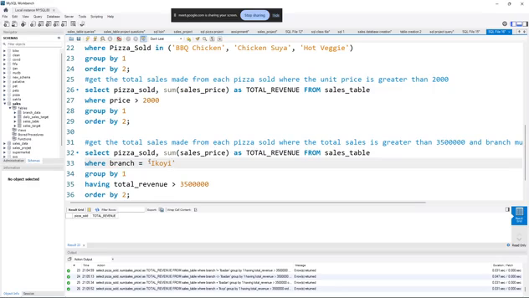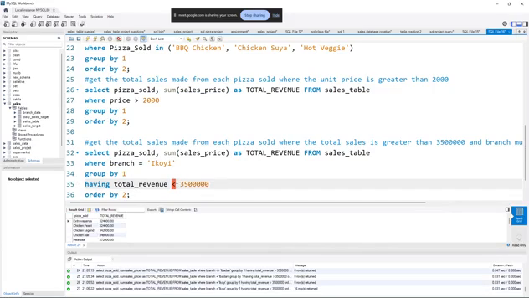No, it's not even about the 3.5 million. Whatever you are doing for this, I want you to do for only Ikoyi. Okay, let me change this to Ikoyi. It's working. It's just that Ikoyi has not made more than 3.5 million. So now, let's change this to less than so we can get an answer. What we did is working.